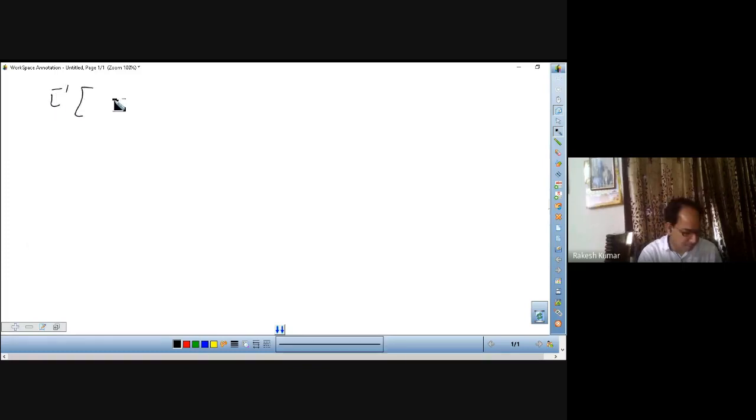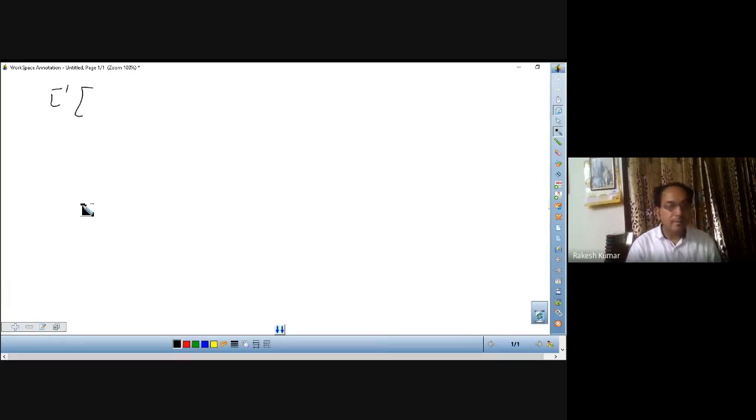L inverse of s cube upon s4 minus. Sorry, this is not the question of partial fraction. I will do the question of partial fraction.